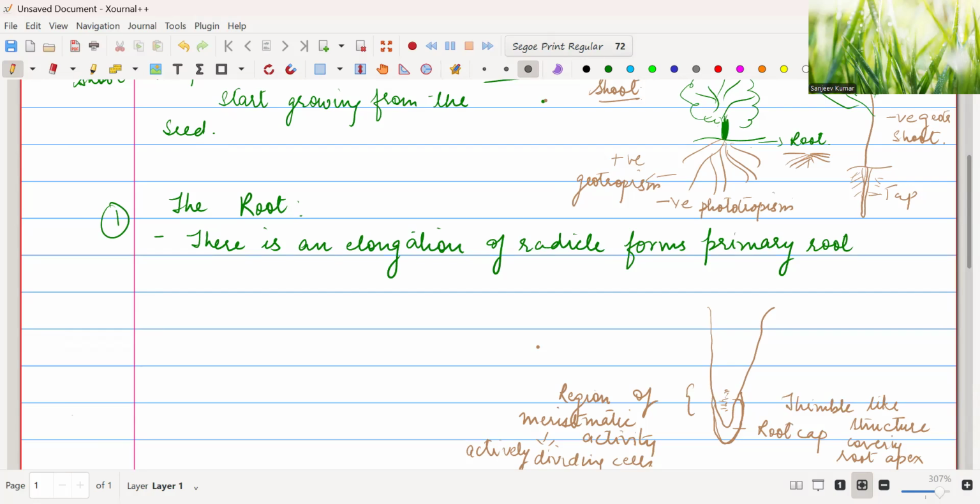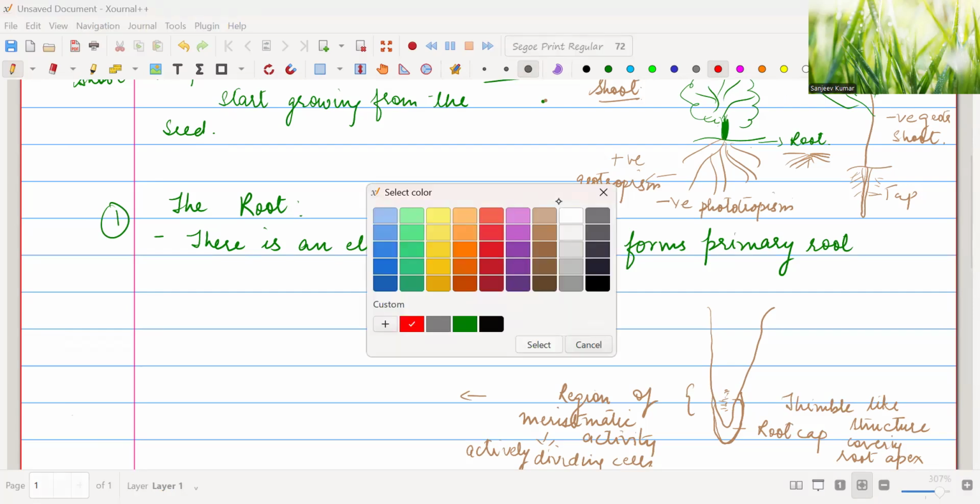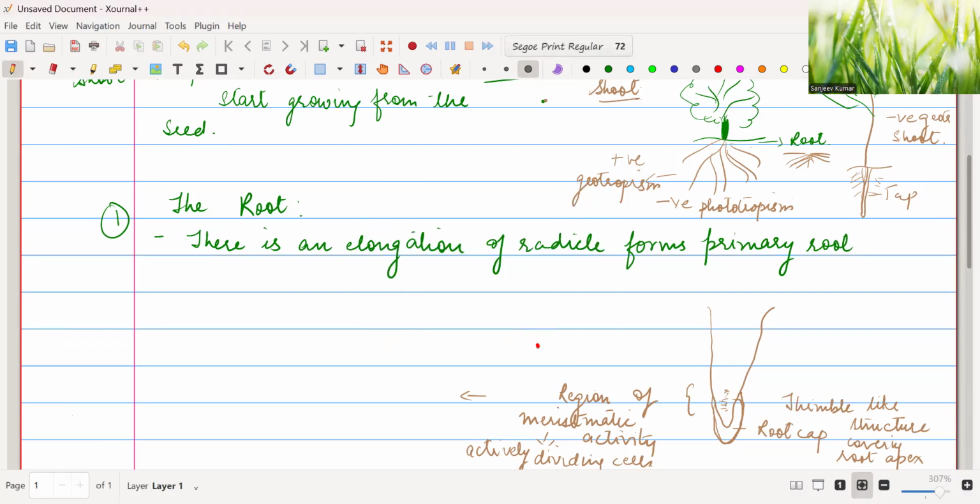So this region is called the region of meristematic activity. What is the nature of these cells? They are small, thin-walled cells with dense protoplasm.